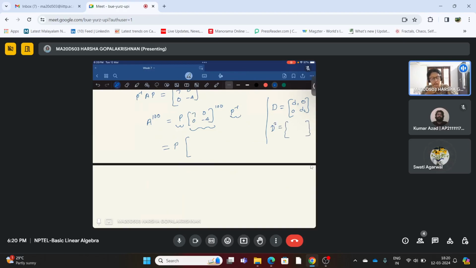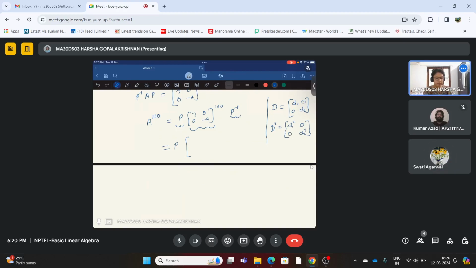If D is D1, 0, 0, D2, then D square has first term D1 square, then the second one is 0, below that is 0, and then D2 square.